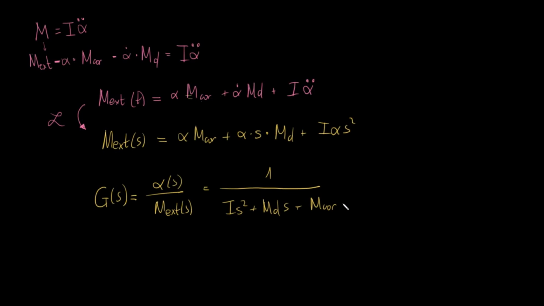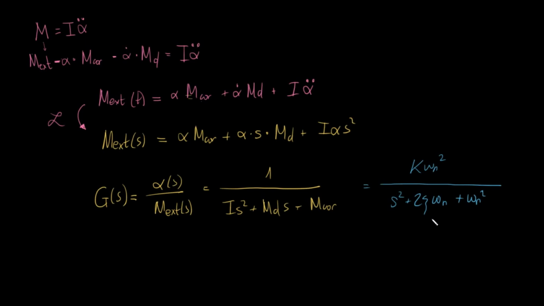All right. So the generic transfer function for a second order system is the following: k natural frequency squared, divided by s squared plus 2 damping ratio, natural frequency s, plus natural frequency squared.